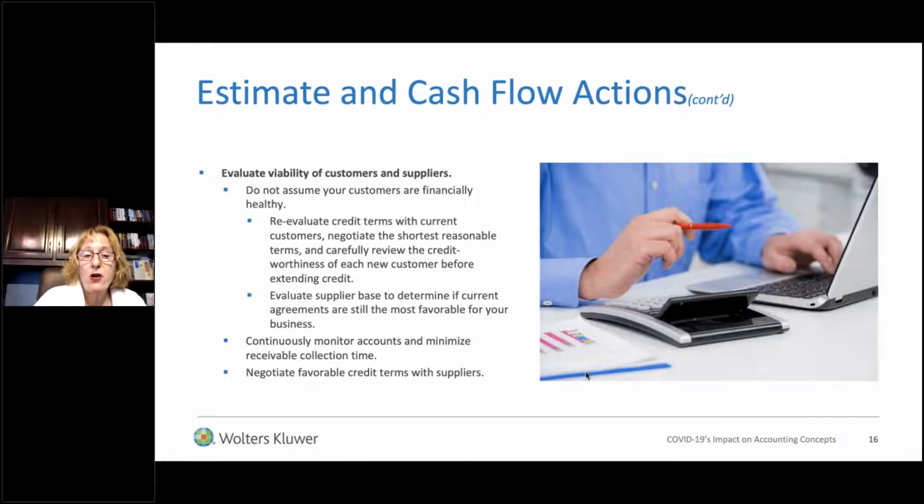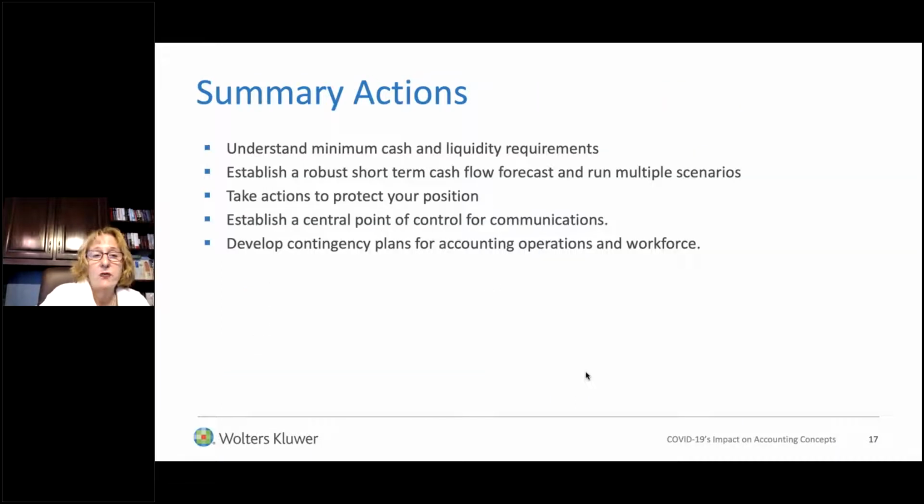Continuously monitor your accounts and minimize receivable collection time. That's going to help your cash flow process, and that's a pretty important area in regards to maintaining that liquidity. And then, of course, negotiate the best favorable credit terms you can with your suppliers, and then also on the other side with your customers.